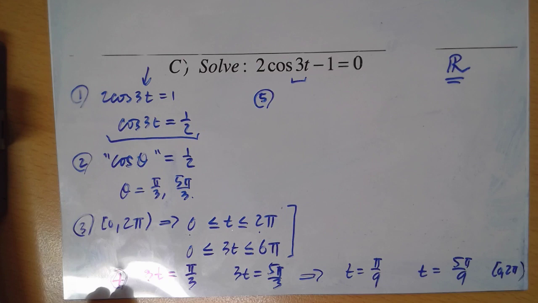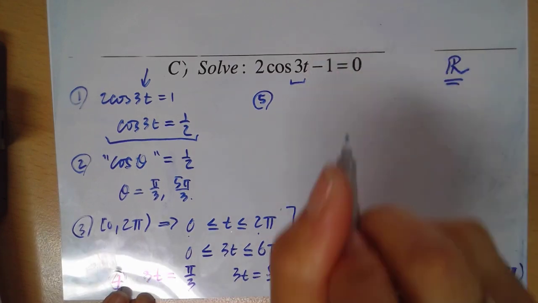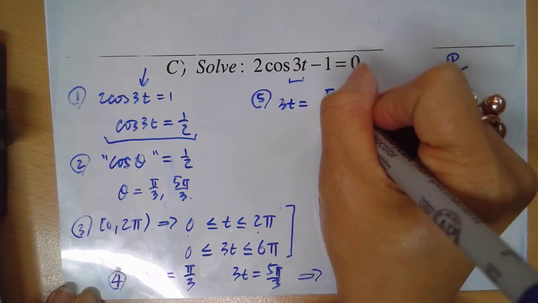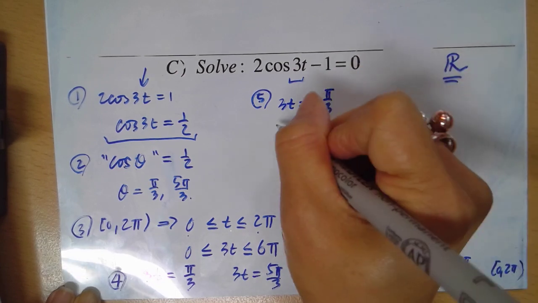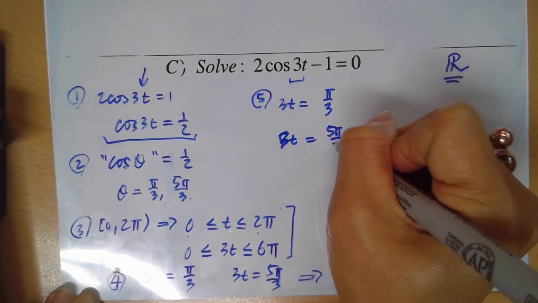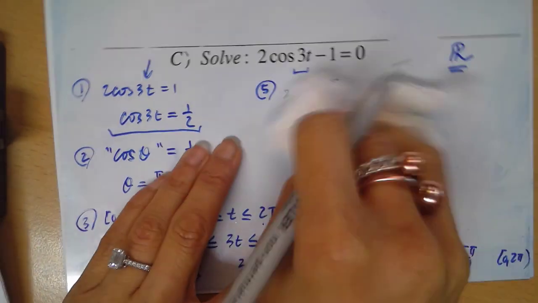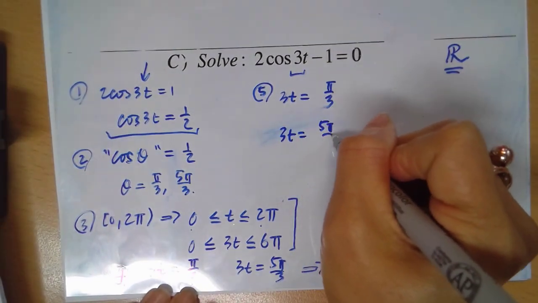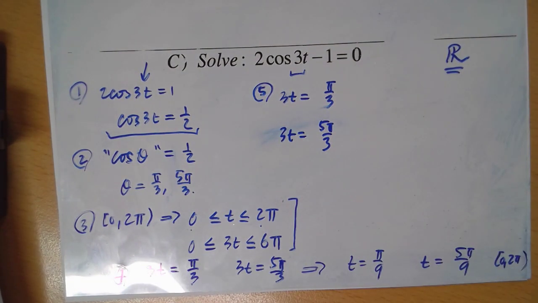But now let's look at over all real numbers. This is the case where it gets a little bit tricky. So we have 3t is equal to pi over 3, our original, and 3t is equal to 5 pi over 3, right? But how often does this happen?